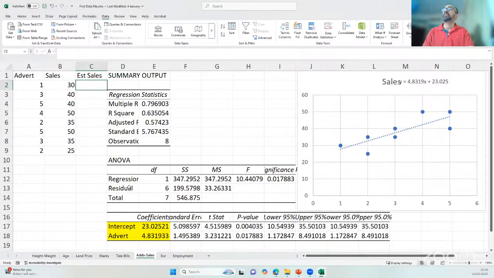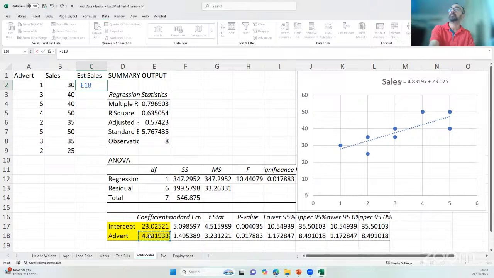Okay. So it is equal to, I put the equals sign. This value, I will put dollar signs. Right?